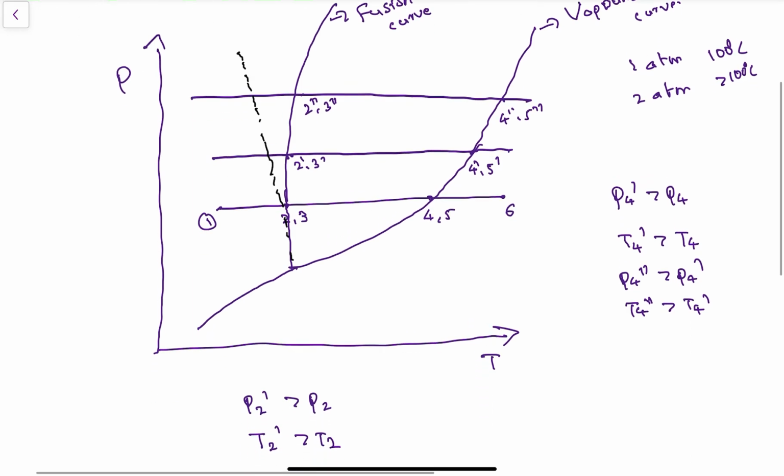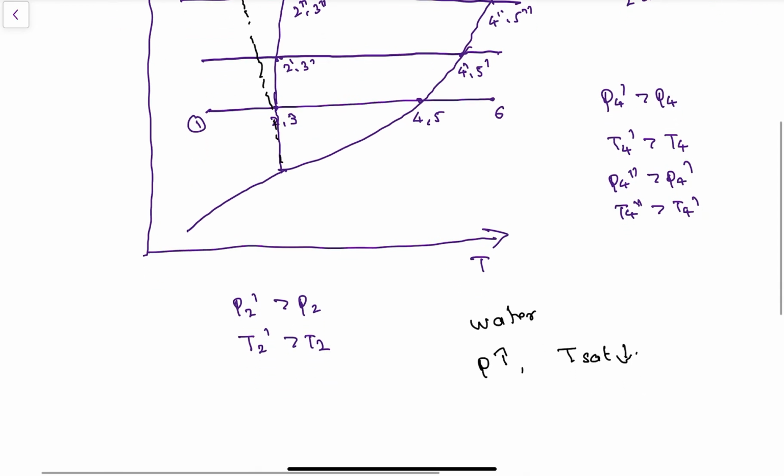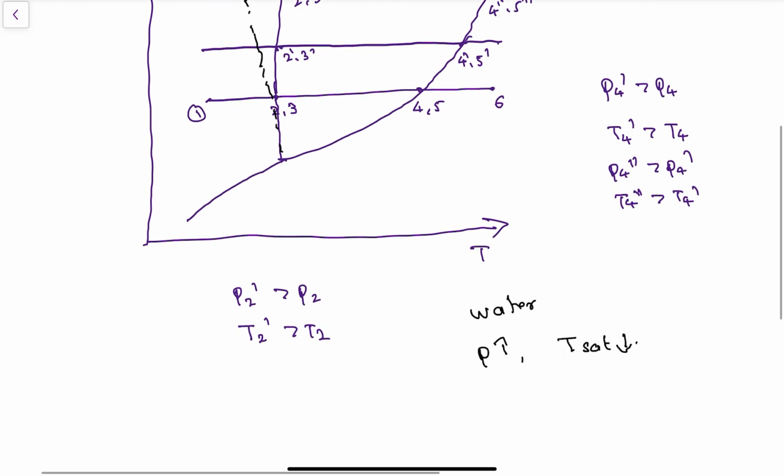The reason is that for water at higher pressures, when pressure is increased, the saturation temperature will be reduced. This is because of the anomalous property of water.